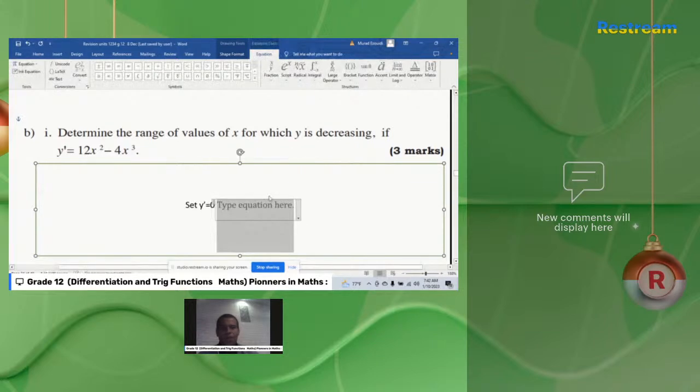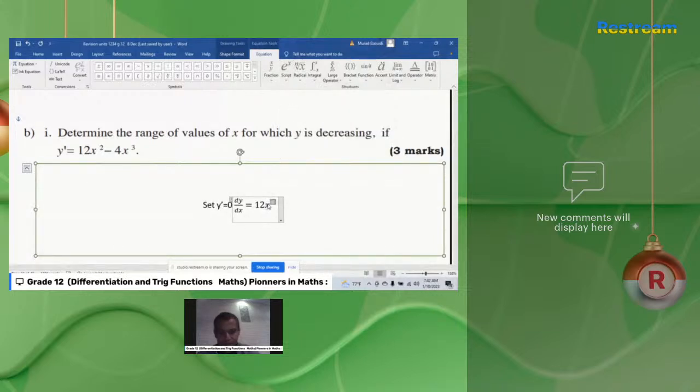Now, learners, I will write this as dy with respect to x, which is equal to 12x squared minus 4x cubed.